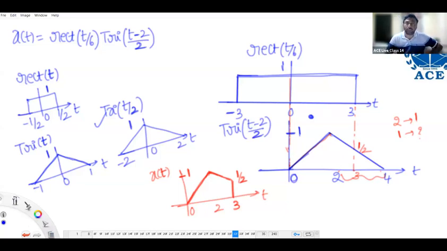Those who have got this graph thoroughly, pat your shoulder. From my side, good. Those who got it wrong, don't be emotional. Make a try. Scaling and shifting, you must be thorough.